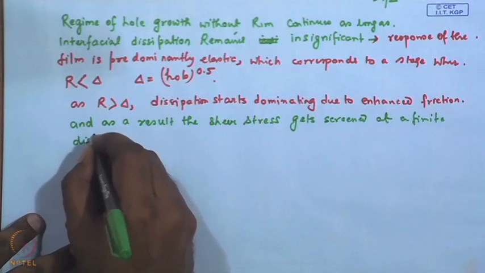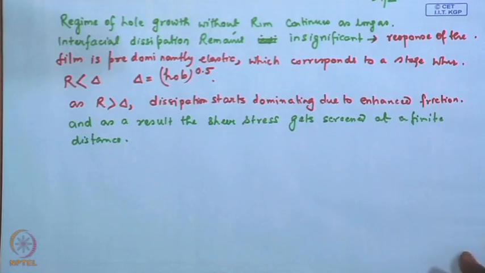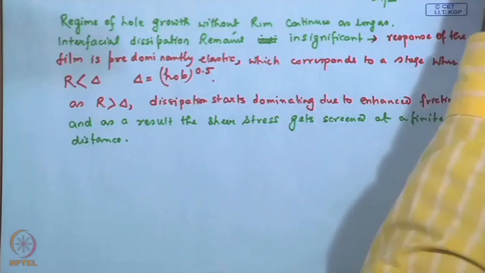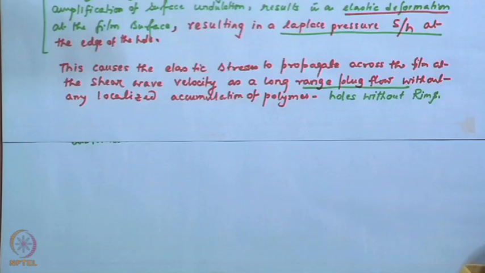So, earlier what was happening was that the elastic shear stress was propagating across the film at the shear wave velocity as a long range plug flow without any localized accumulation.